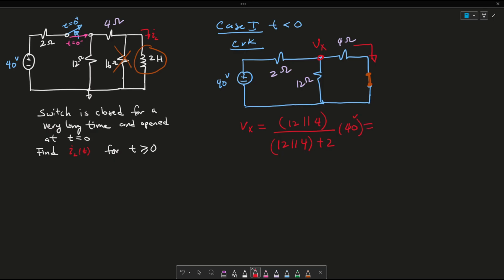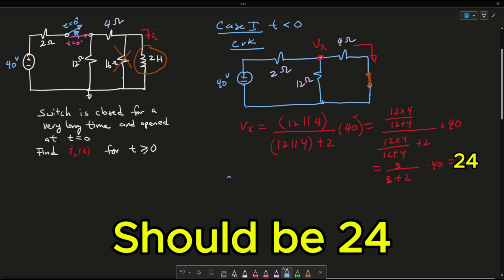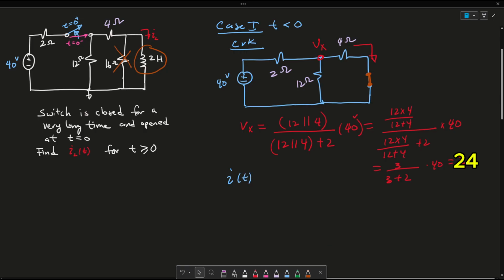Again, 12 in parallel with 4, as a refresher, is 12 times 4 over 12 plus 4. This ends up being 3 over 3 plus 2 times 40, which is equal to 24. As a result, I of t, for t less than 0, is equal to Vx over 4 ohms, so this is simply 24 over 4, which is equal to 6 amps. Again, this is for t less than 0.